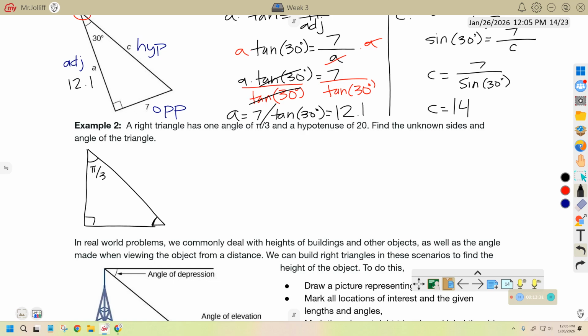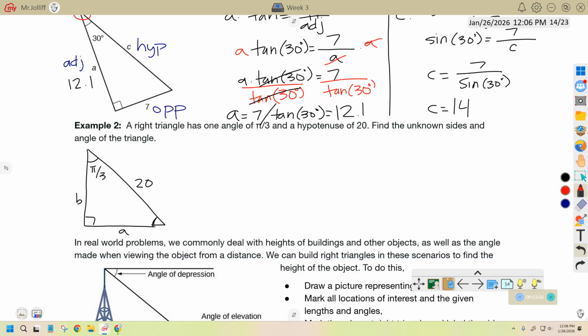They told us the hypotenuse is 20. I know the hypotenuse is opposite the 90 degrees. So this must be 20. I'm going to label my other sides A and B, because those are usually the letters we use to represent legs of a right triangle. I'm going to label them relative to my given angle.